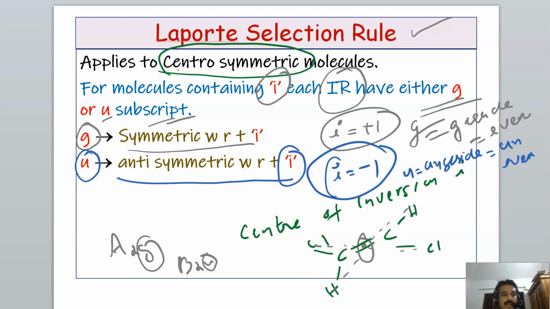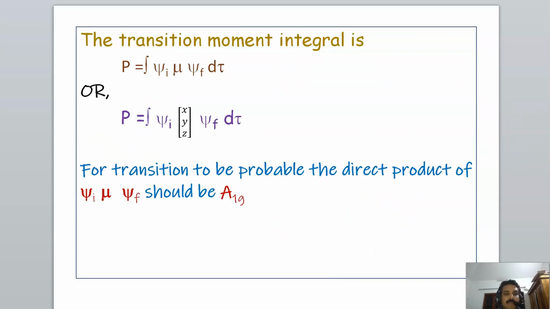Okay, and then the transition moment integral would be, we know that P is equal to the integral from -infinity to +infinity of psi i mu psi f d tau. Mu is the dipole moment operator, because electronic transition is an electric dipole transition.